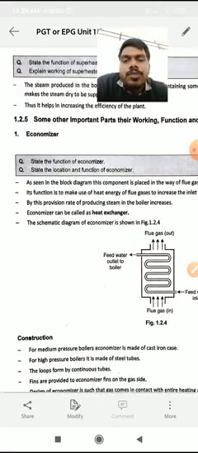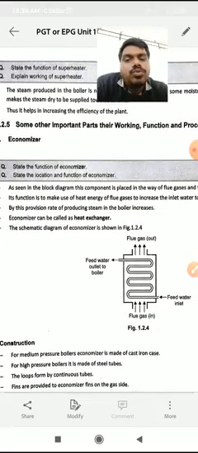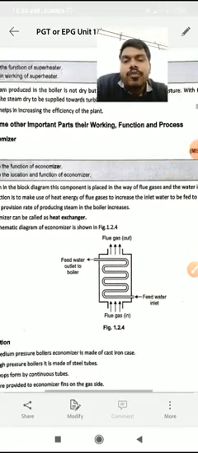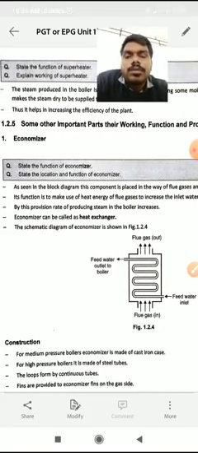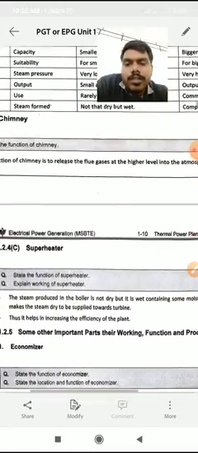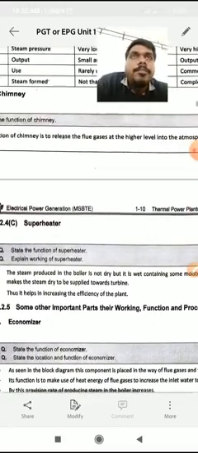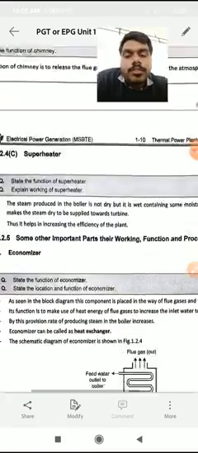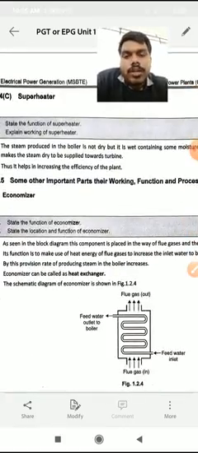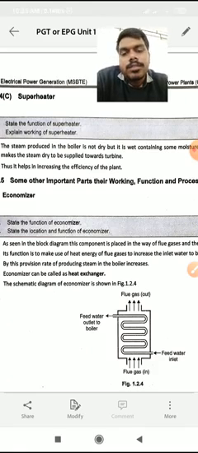Its function is to make use of the heat energy of the flue gases to heat the inlet water to be fed to the boiler, right? As I said with the superheater, the flue gases' heat is extracted. If we directly release those flue gases into the air, they have very high pressure and temperature.